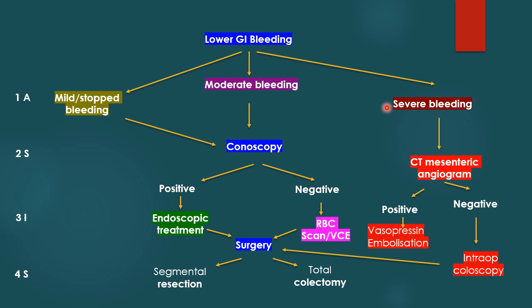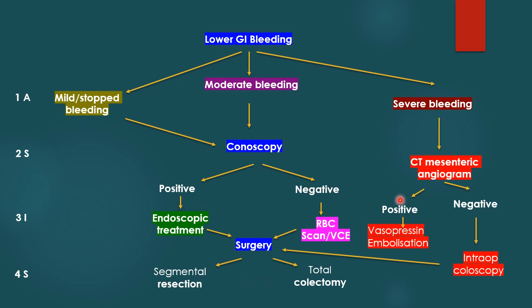For severe cases, this is the stage of special investigations: endoscopy, angiogram, or RBC scan. In cases of severe bleeding, you do not have time to go through the colonoscopy process.